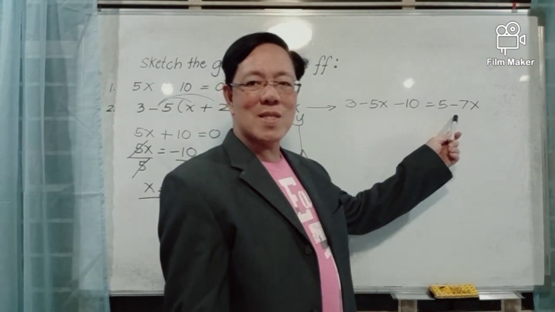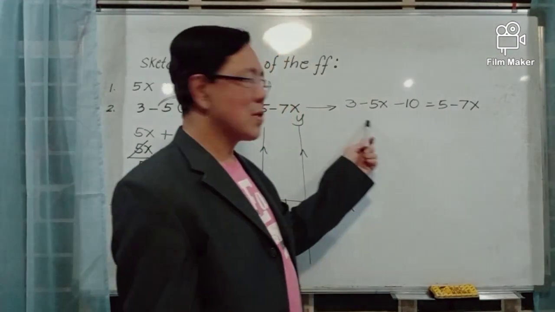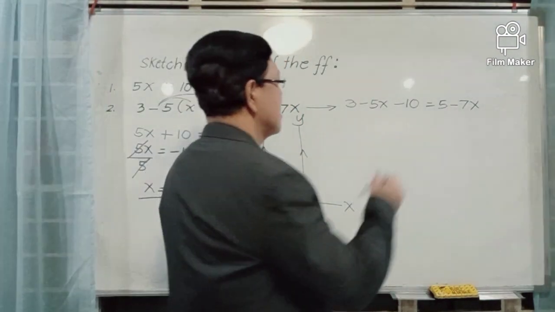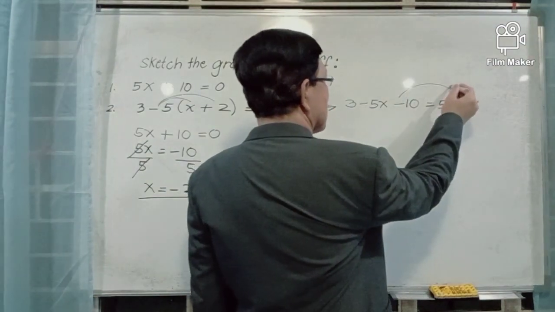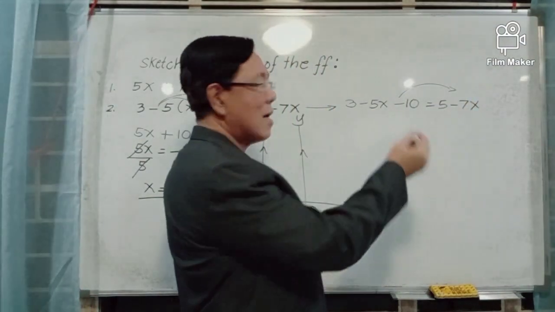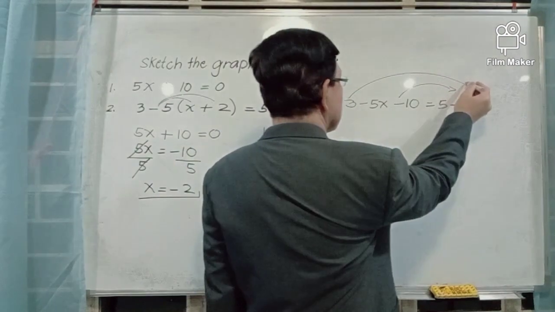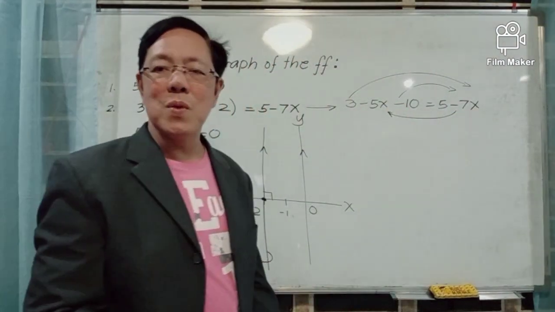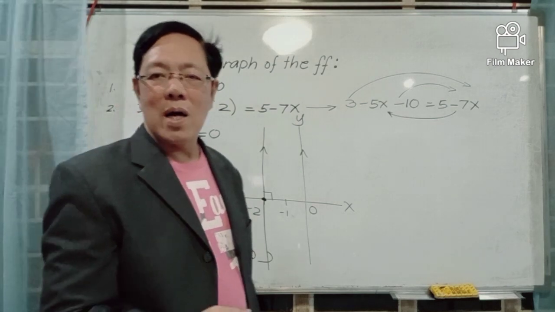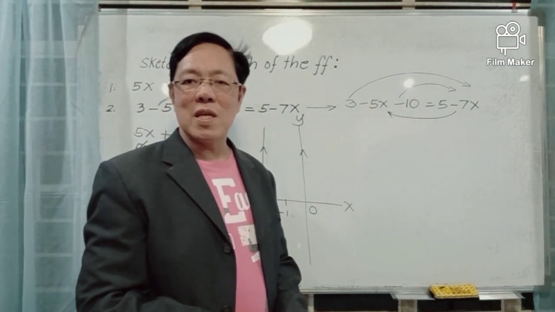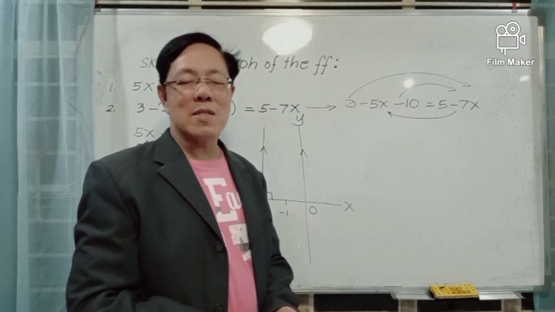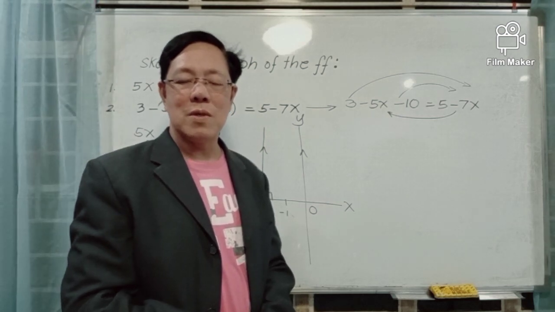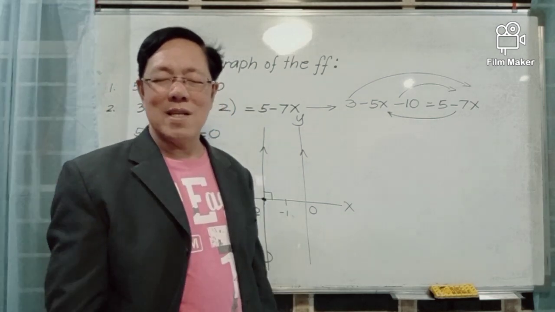And we transpose -7x to the left. -10 we transpose to the right. And 3 we transpose to the right. And -7 we move to the left. Again, when transposing or moving a term from one side to the other side of the equation, always take the opposite sign of the term.